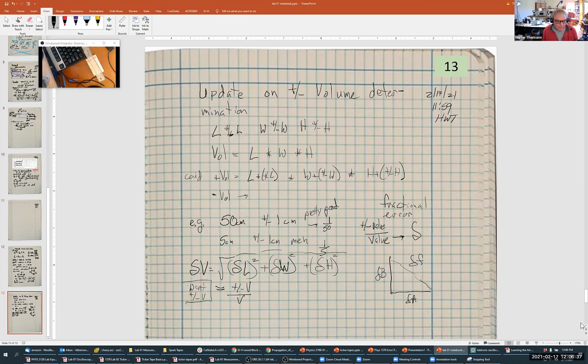What this implies is that plus minus ΔV equals capital V times the fractional error of V.